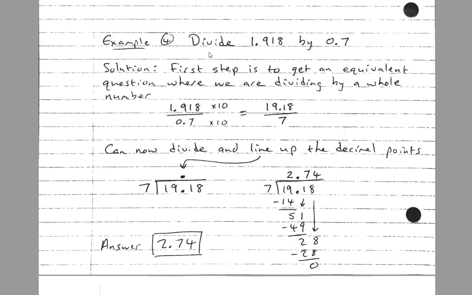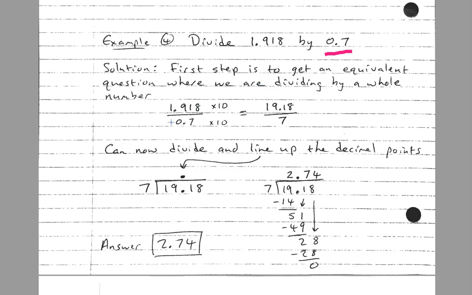Okay, how about division, the last operation? Example 4, divide 1.918 by 0.7. Okay, so if you're dividing by a decimal, the idea is the first step is to make this a whole number.